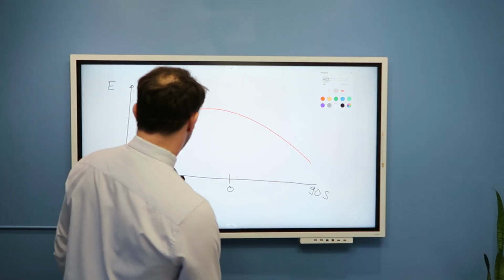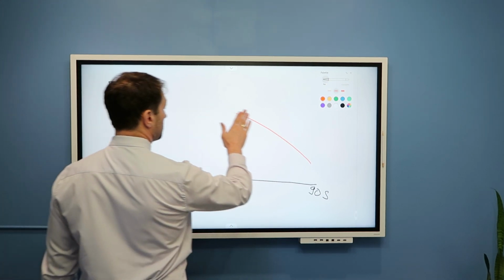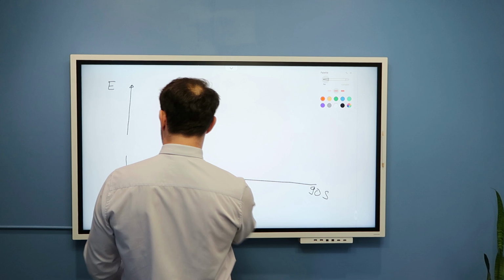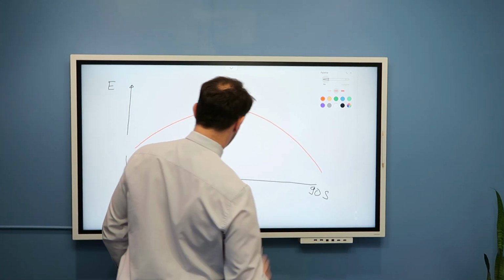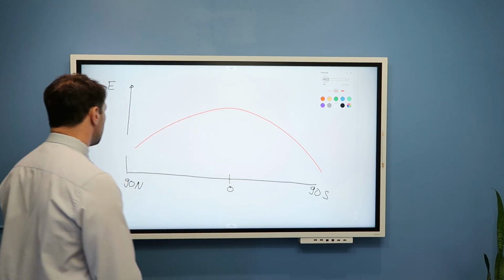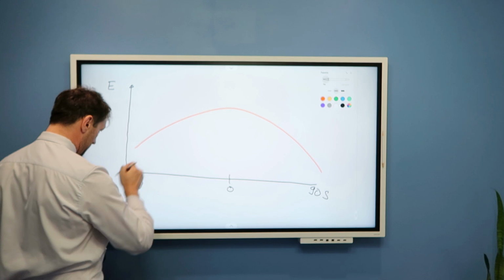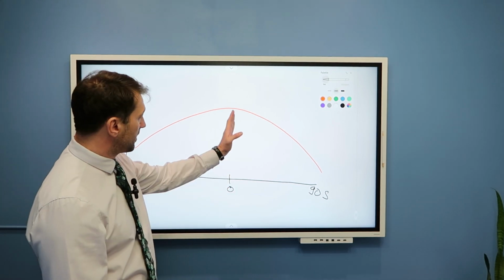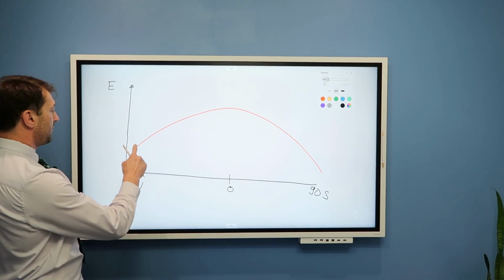So clearly, most of the energy is received at the equator, which is not very clear in my graph. So let's do it again. Now this is better. So most of the energy is received in tropical regions, and less energy from the sun is received at the north and south poles.